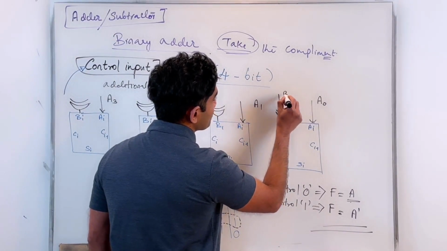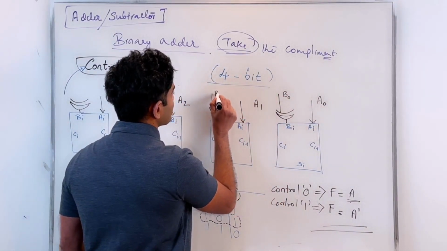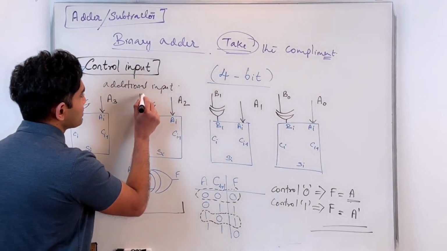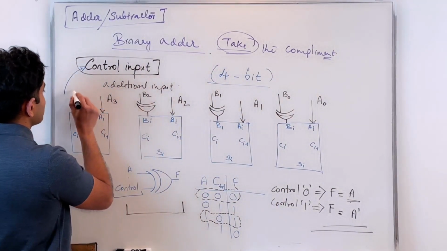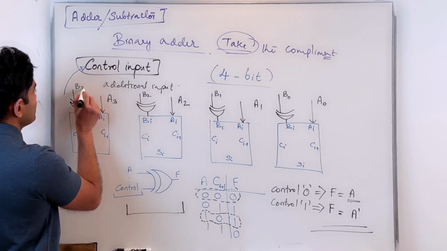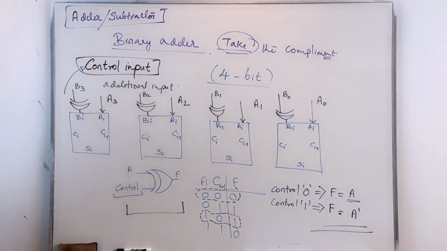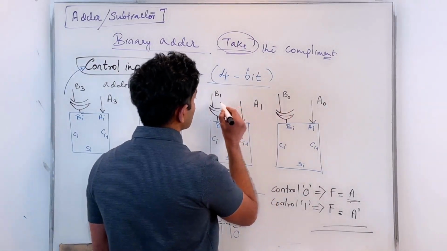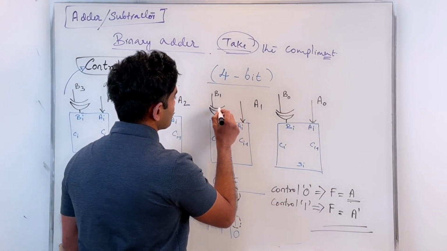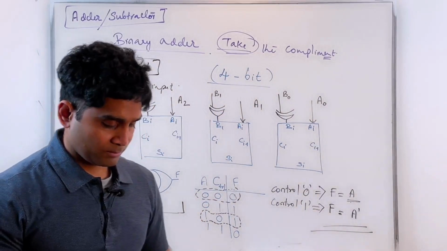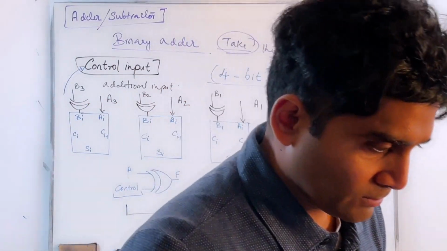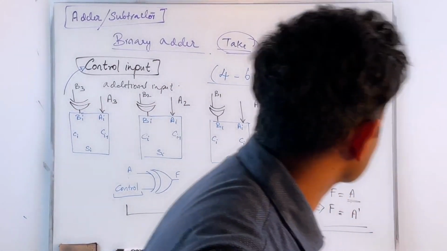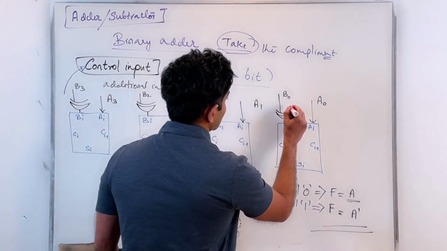In this case, that's going to be B0, B1, B2, B3. Okay. The other input would be the control. So that's the control.